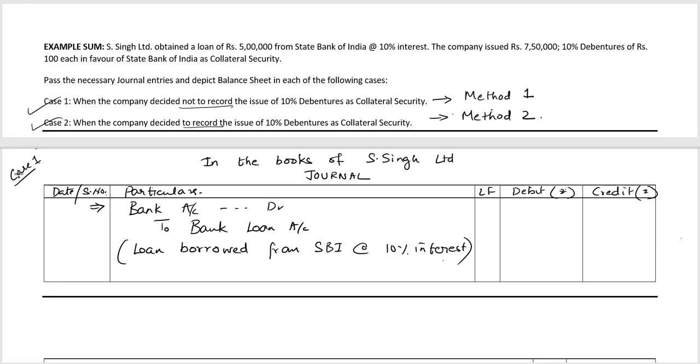The loan that is borrowed is Rs 5 lakh. This is the only journal entry that needs to be passed in the books of Essing Limited. Let's move on to the balance sheet.